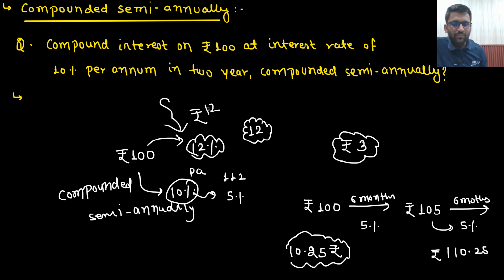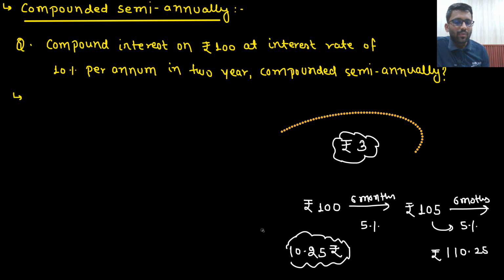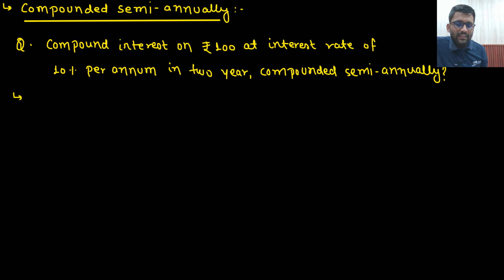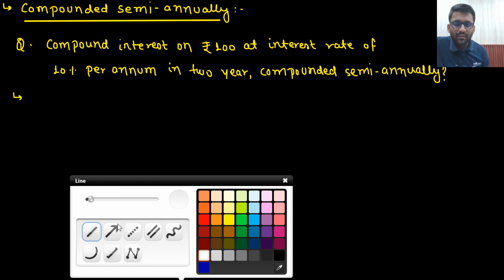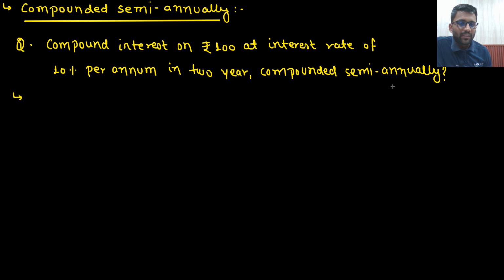So in these kinds of problems, if they are saying compounded semi-annually, what will you do? You will reduce the interest rate by 2. So what will your interest rate be now? That will be 5%.